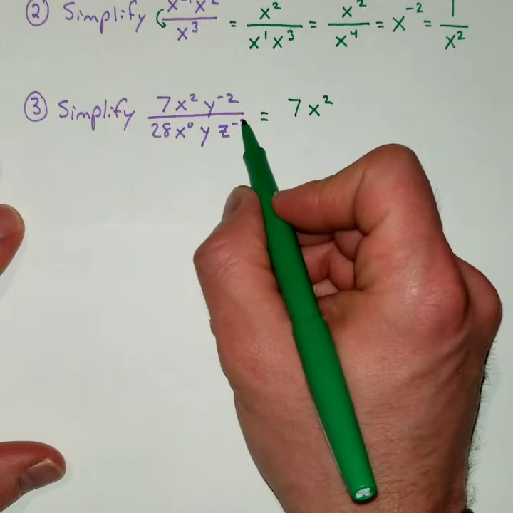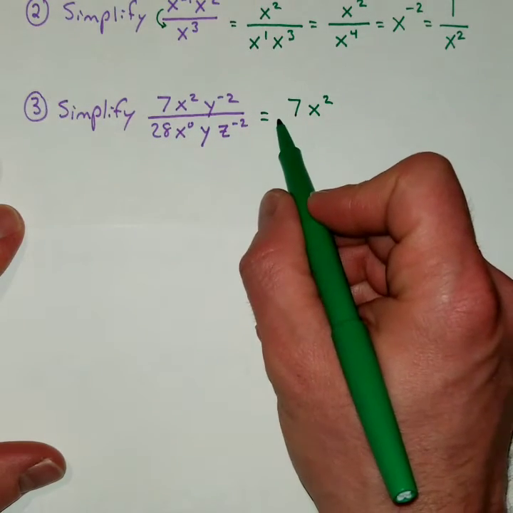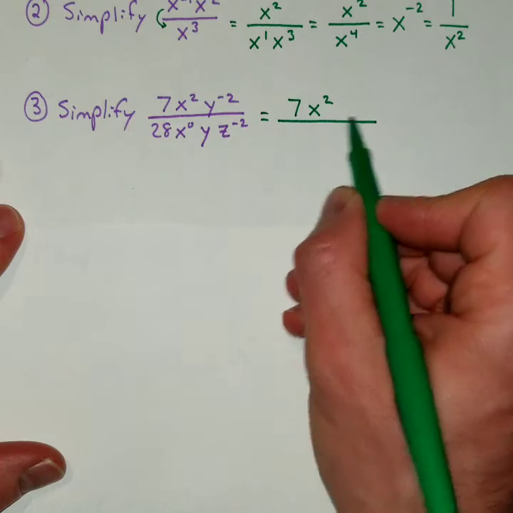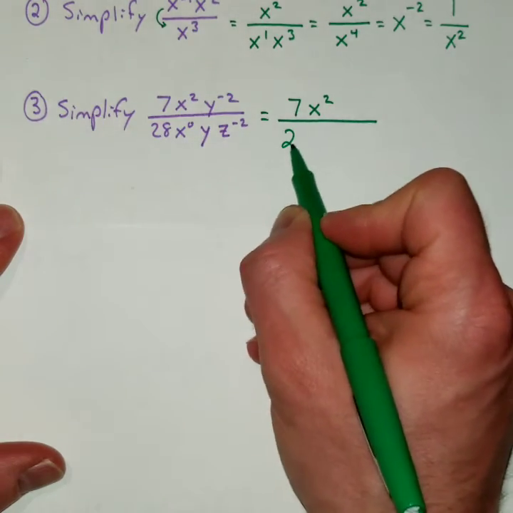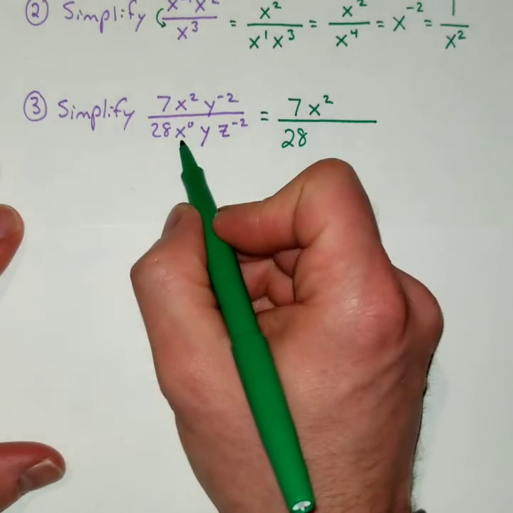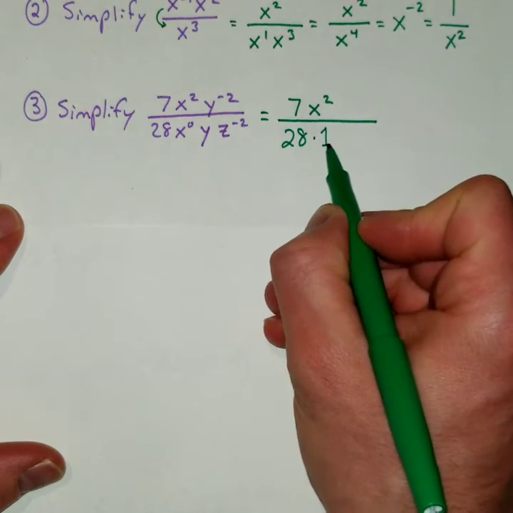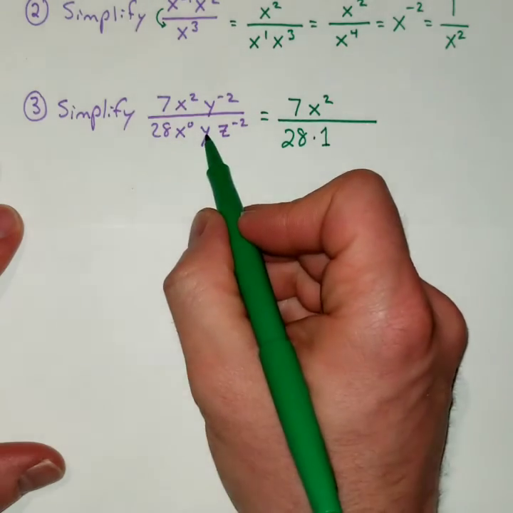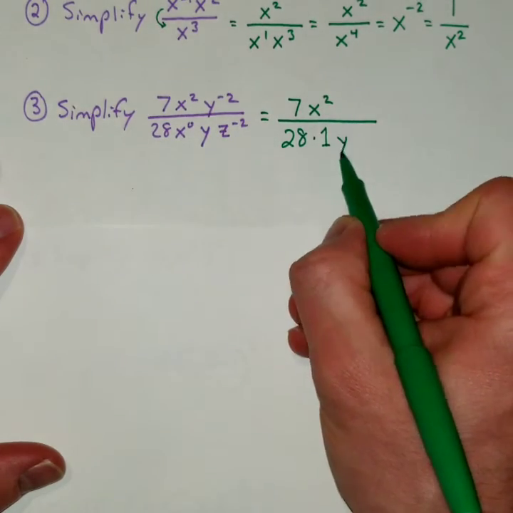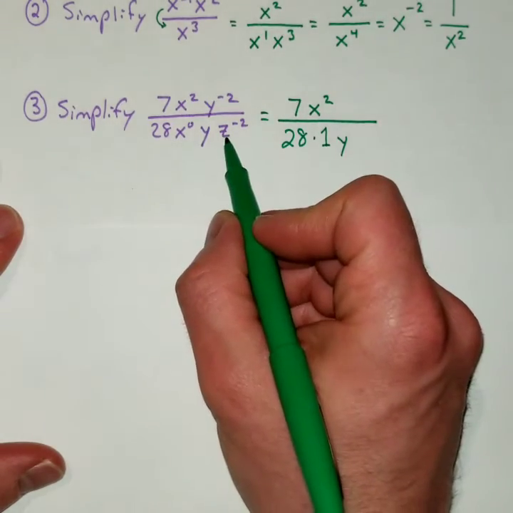The 28 stays on the bottom. X to the 0 is really a 1, so I'm going to multiply by 1. Then I still have a y on the bottom because its exponent is positive.